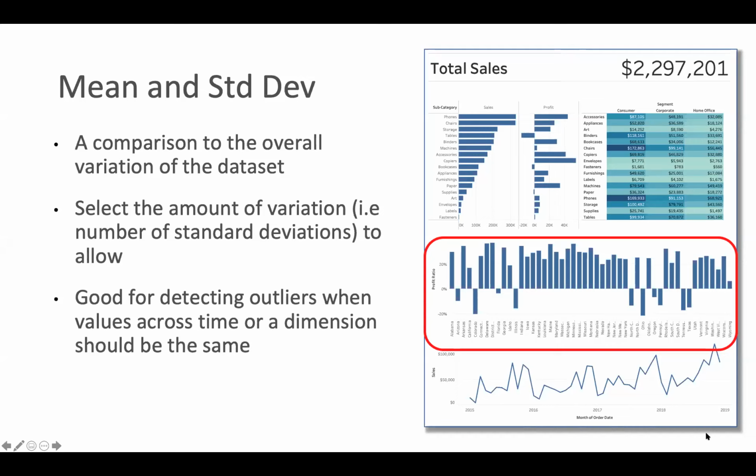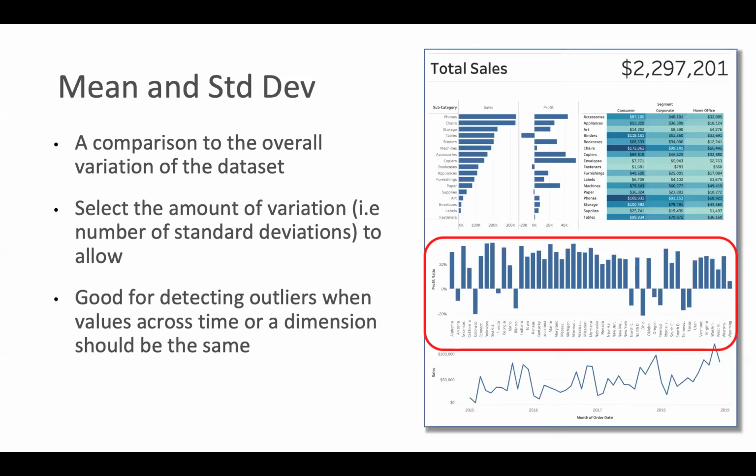What we would expect with this fictitious company, with profit ratio across states, is that it's stable, meaning it's not varying depending on state, that what we're selling into different states, if we're not giving special discounts to certain states, would be about the same. So we want to use a mechanism like mean and standard deviation to detect those states that might be outliers in this case.